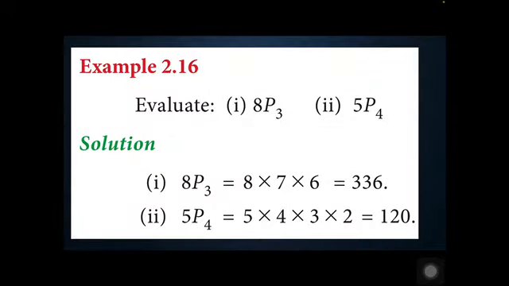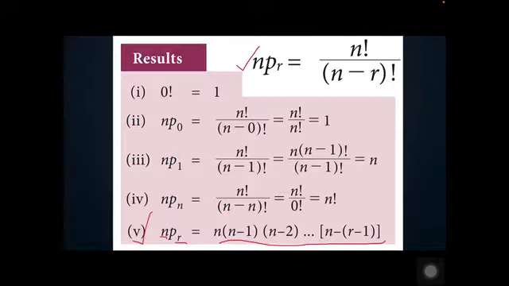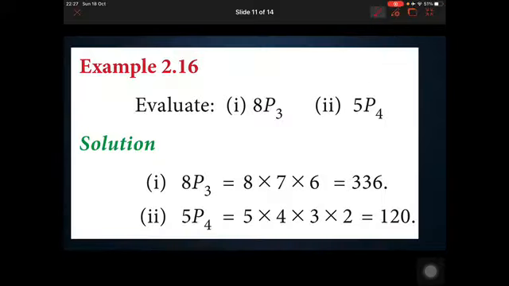Here the fifth result only we are using now. 8P3 means 8 into 7 into 6. Similarly 5P4: so 5 into 4, you have to reduce one by one, 5 into 4 into 3 into 2. So 4 factors we use here. Similarly here it is 3, so 3 factors. Both the formulas you can use and you will get the same result.